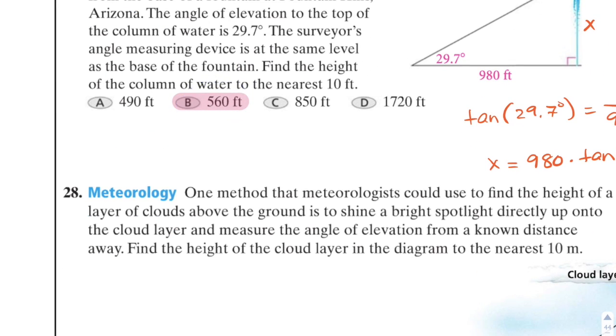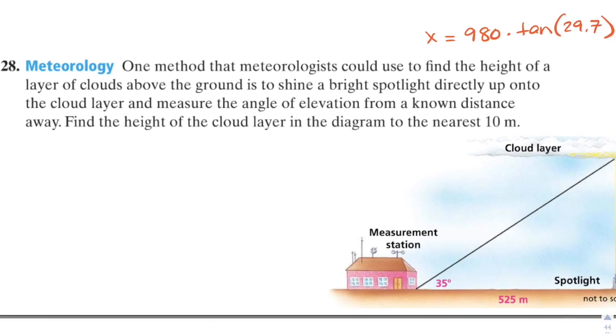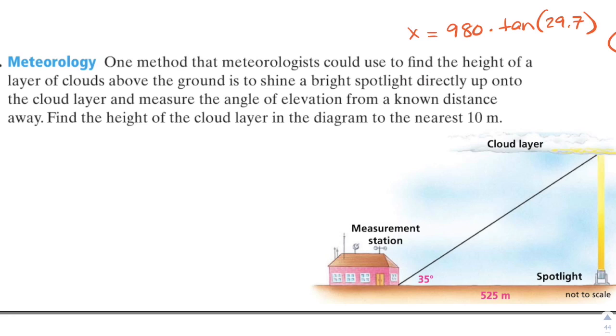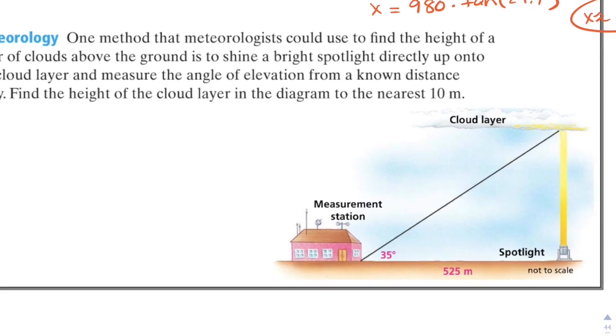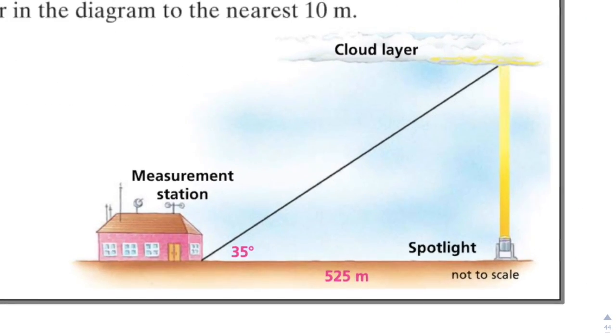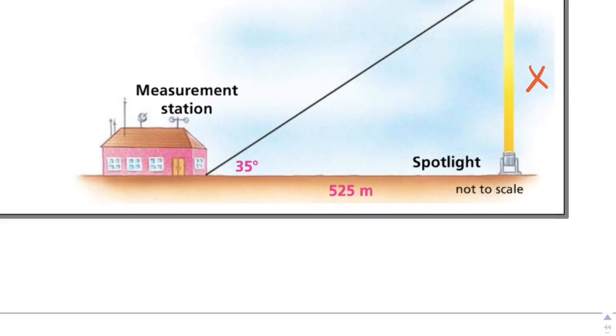Meteorology. The method that meteorologists could use to find the height of a layer of clouds above the ground is to shine a bright spotlight directly up onto the cloud layer and measure the angle of elevation. So here's another angle of elevation. We're looking for the height of the cloud layer. So another tangent.